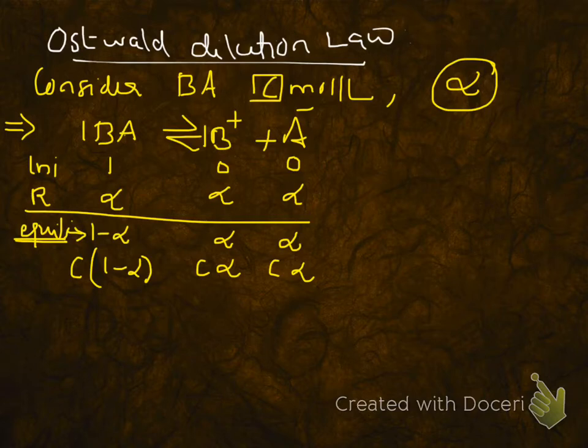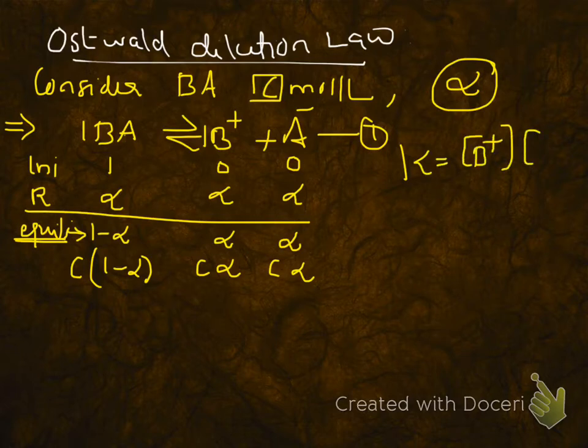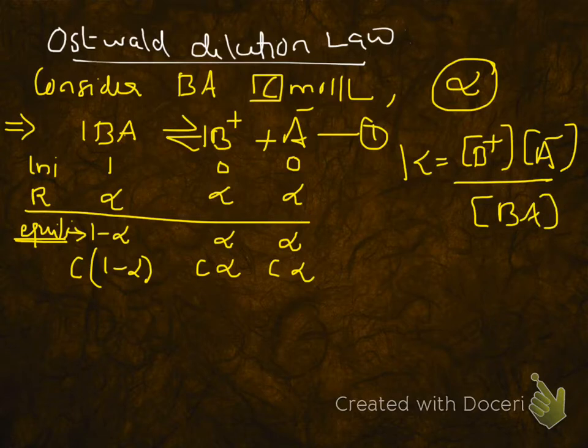You have studied the law of chemical equilibrium in a chapter called equilibrium in 3rd semester. According to that concept, for this equation 1, the equilibrium constant K can be written as concentration of B plus into concentration of A minus divided by concentration of BA, concentration of product by concentration of reactant.